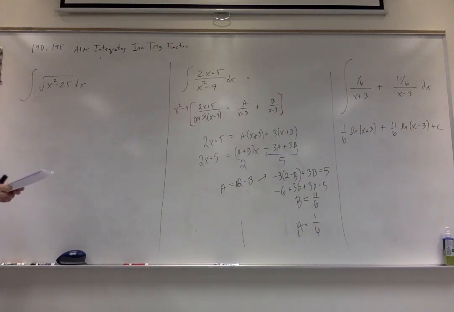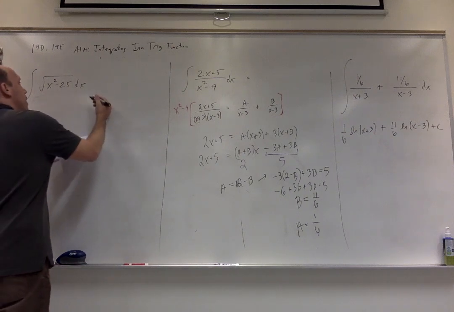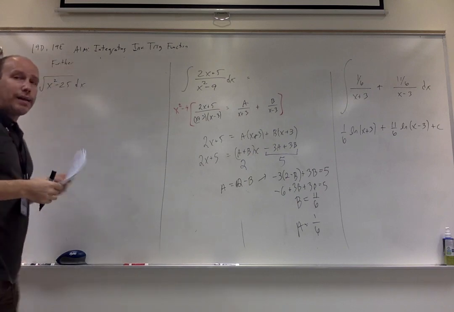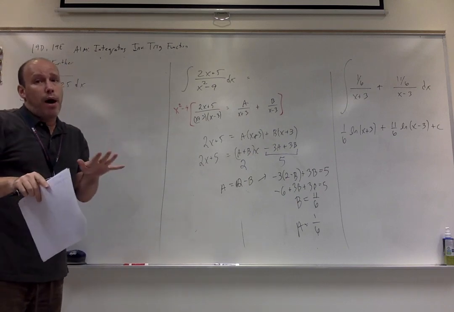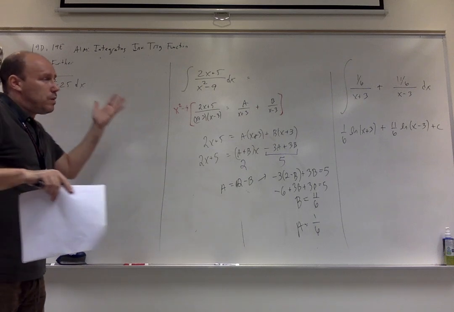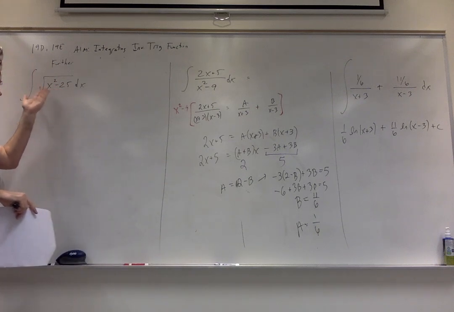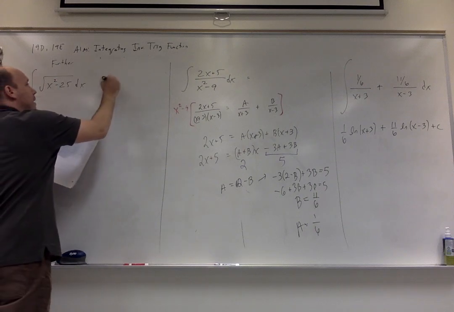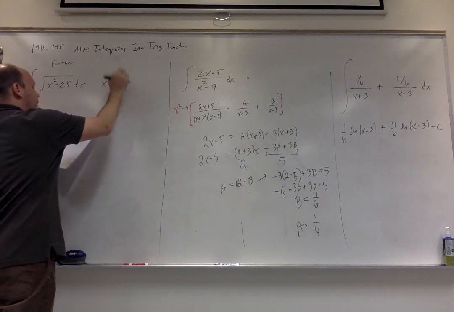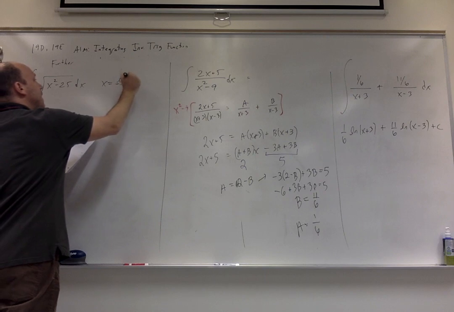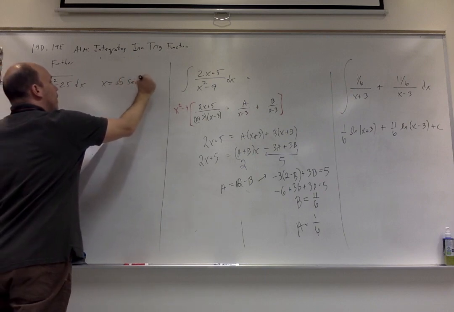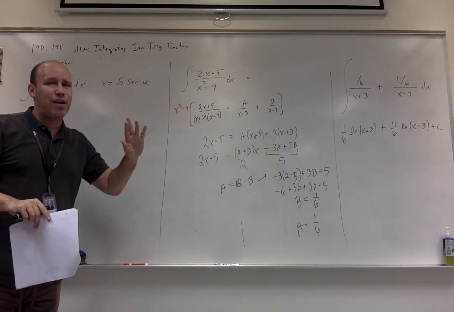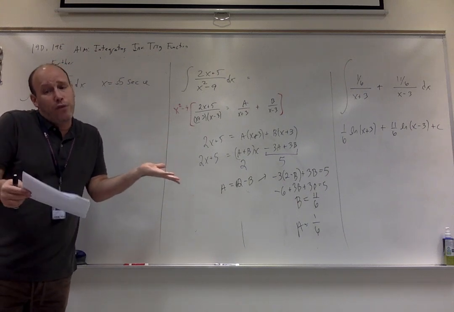I'll give you a hint. This is not in the course, but if you see something like this, you're going to let x equal 5 secant of u, and then you can see what happens. Once again, it's not in your homework. It's not showing up on the IB exam, but if you're interested.